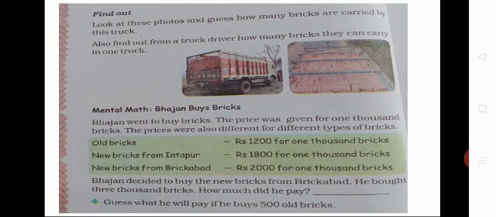So now you want to calculate. Baijan buys bricks. So Baijan went to buy bricks. The price was given for 1000 bricks. In the table, old bricks, 1000 bricks, how many rupees? 1200.